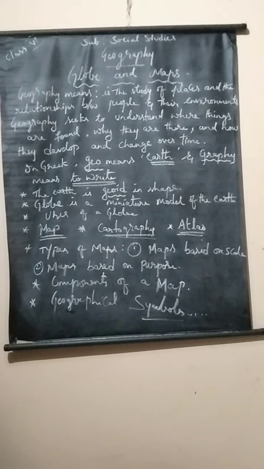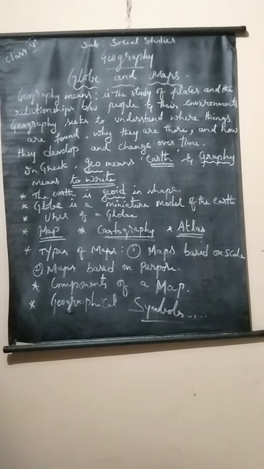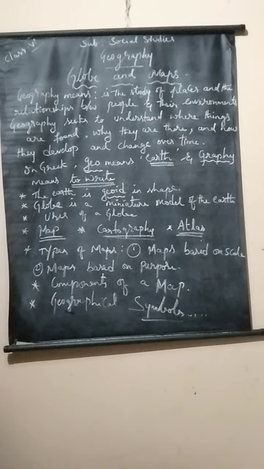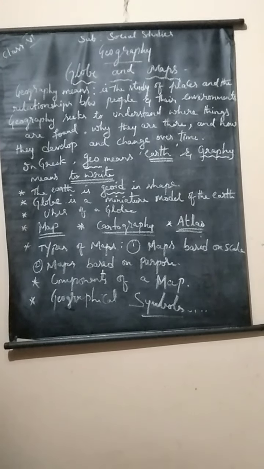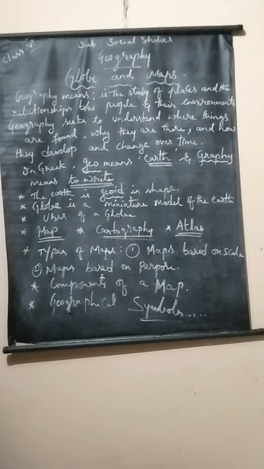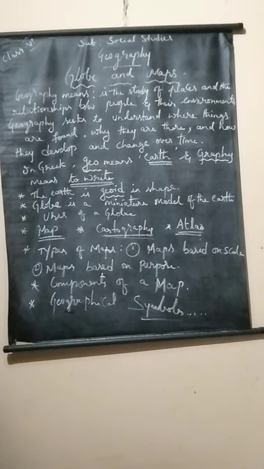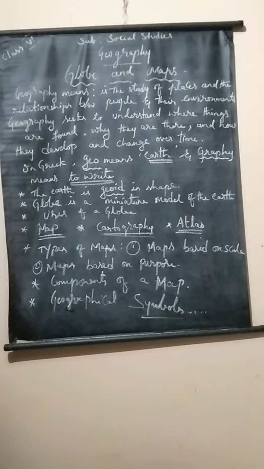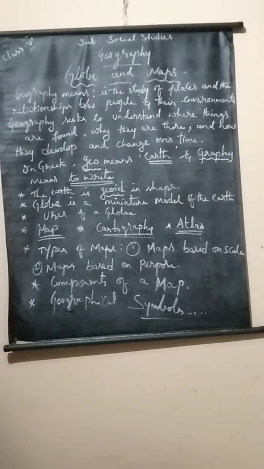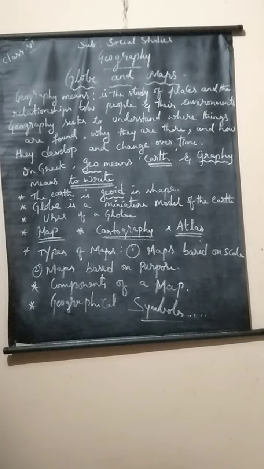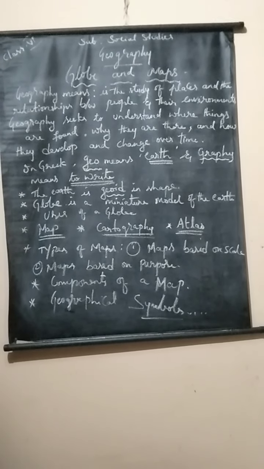They show the physical features such as mountains, plateaus, plains, coastal areas, islands, etc. And they help us to know the major routes of transport such as road, railways, everything. To understand the distribution of crops, minerals, and also maps are very important for the military people at the time of war and for security.